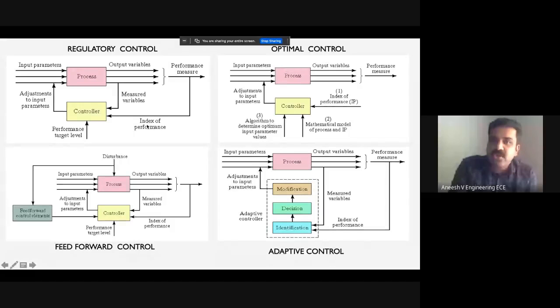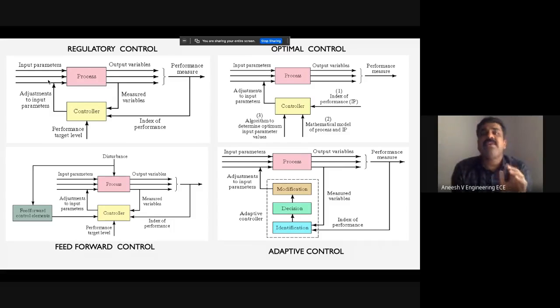Using a sensor, we measure the output variable. Based on the measured variable and the index of performance, we give them to a controller, and the controller requires a target or a set point, so the performance target is also taken. Based on this, the controller adjusts the input parameter to obtain the desired level. This type of control action is known as regulatory control.